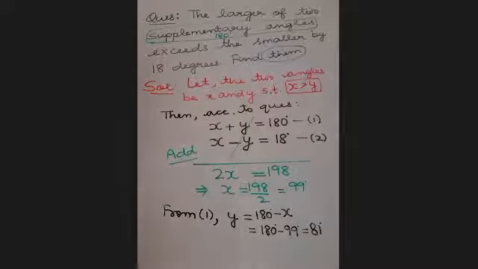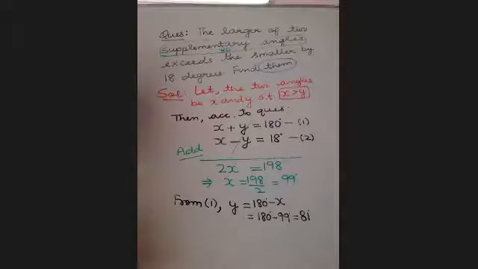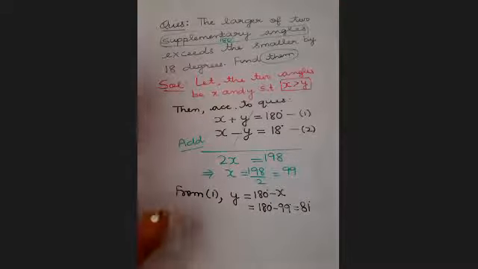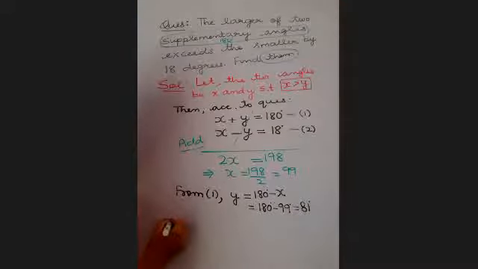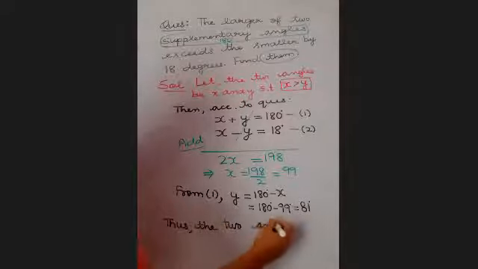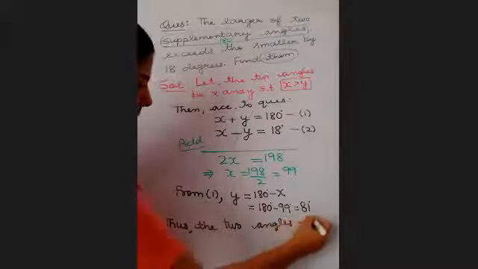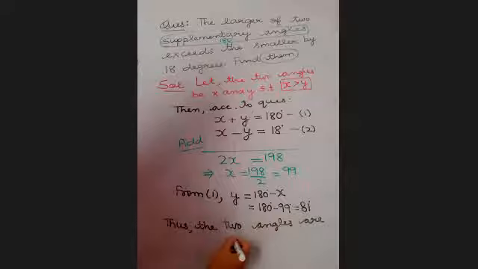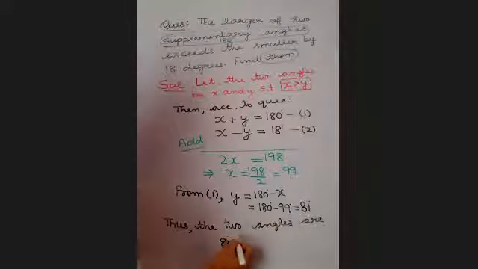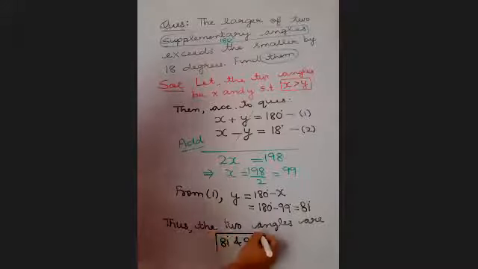So what are the two angles? x is equal to 99 and y is equal to 81. Thus, the two angles are 81 degrees and 99 degrees. Please put the degree sign.